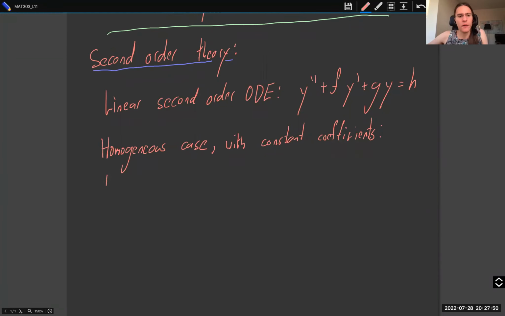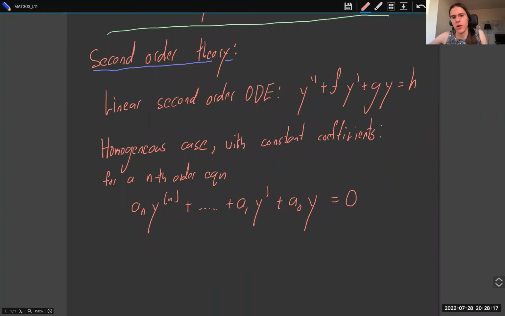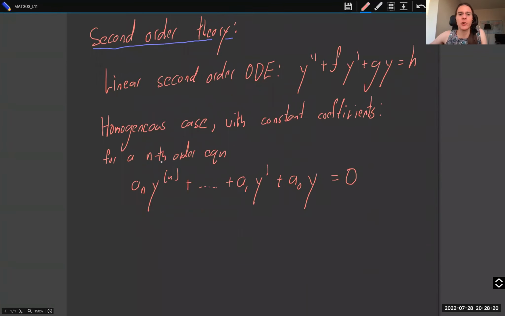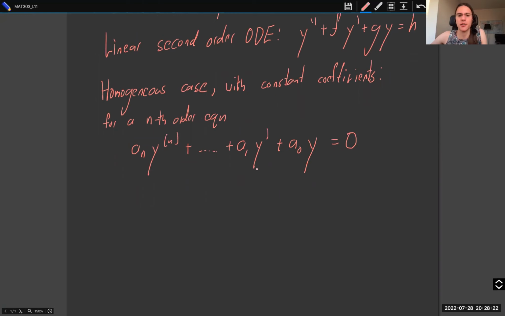So for an nth order equation of the form, let's say, a_n y^(n) plus dot dot dots plus a_1 y' plus a_0 y is equal to 0. So this is a general nth order constant coefficients differential equation.